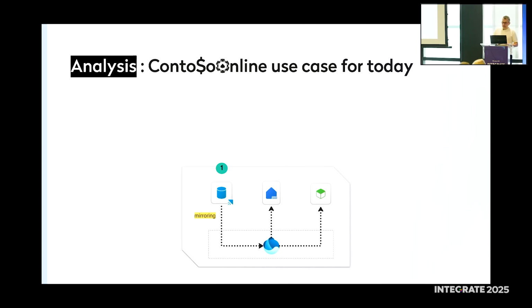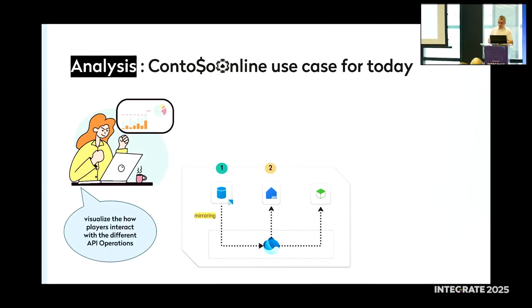Good, I'm on time. So let's go to the analysis part. We have our data in our databases, potentially at scale, at a good cost. And now we go into the analysis part. There is Linda or Maria, whatever you prefer.